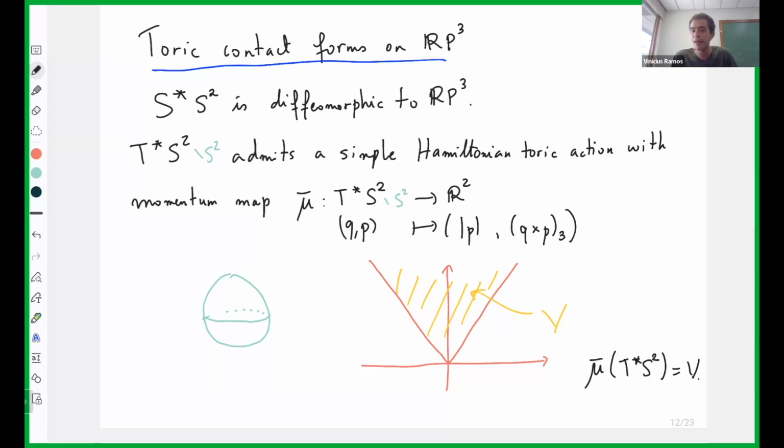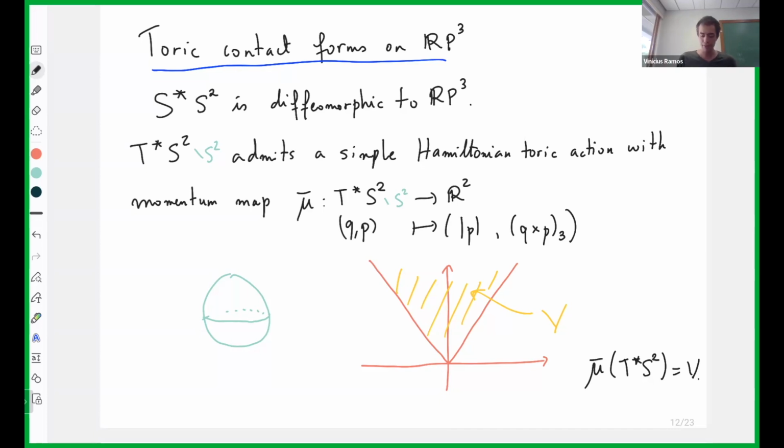It's not a toric domain, like a subset of C^n, but it admits a simple Hamiltonian toric action with momentum map given by the norm of P, and then the angular momentum, the third coordinate of Q cross P. It's easy to check that those two Hamiltonians commute with each other, and all the orbits have length 1 or 2 pi, depending on your trivialization. So this gives us a momentum map.